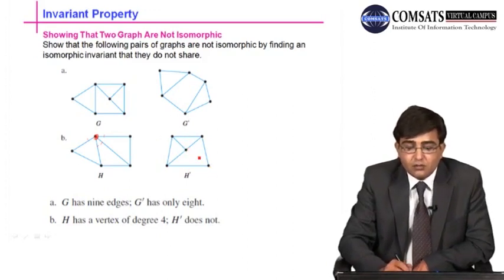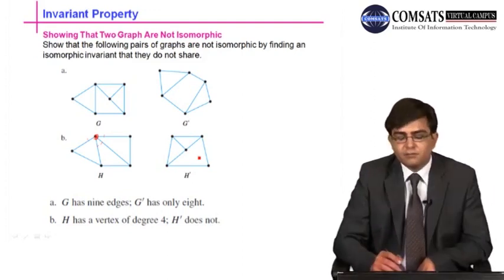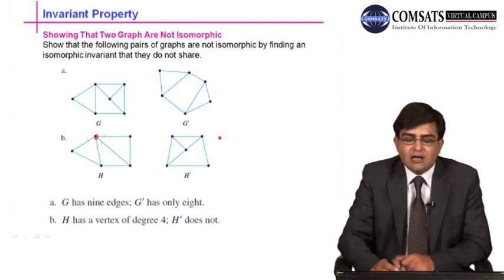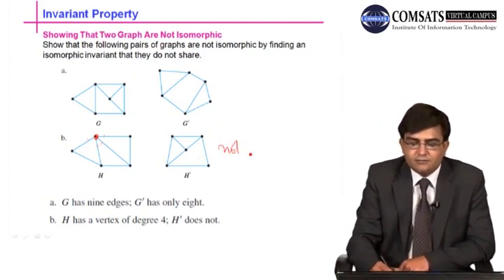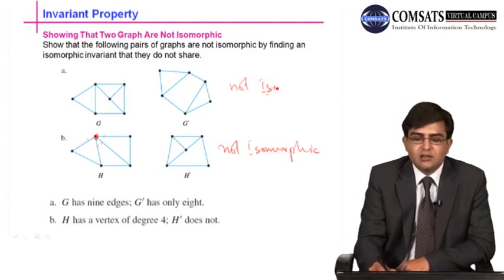So there is no vertex in H dash whose degree is 4. Therefore we can immediately say that these two graphs are not isomorphic. These are also not isomorphic.